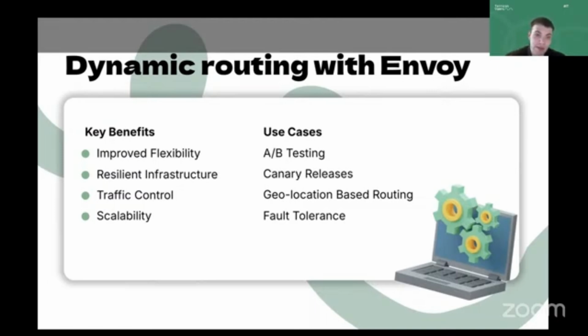The third one is traffic control, which enables fine-grained traffic management for load balancing and canary deployments or A/B testing, etc. And the last one is scalability. We can easily scale our microservices architecture using that approach.